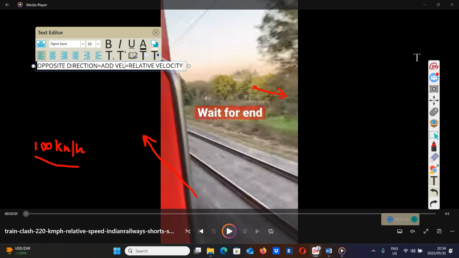Let me write it in full. Relative velocity.